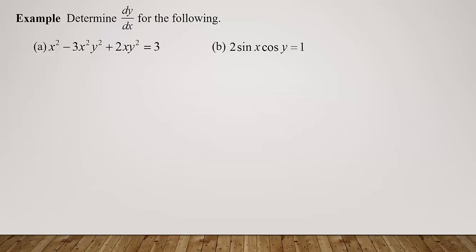In part B, we'll find dy/dx for 2 sine x cosine y equals 1. And then in part C, we'll find dy/dx for the sine of xy equals x squared plus y. So get this written down because I'm going to head off to the chalkboard to work through them.